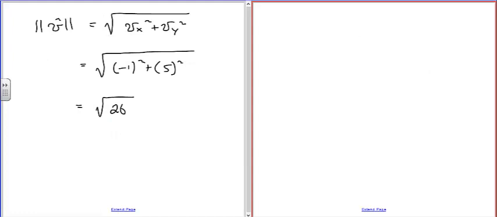Okay, now next thing is finding a unit vector. So let's say we have vector v, and it's equal to negative 2 comma negative 7. So how do you find the unit vector? Well, the unit vector is just equal to the vector of interest divided by the magnitude of the vector. The magnitude, we just talked about.